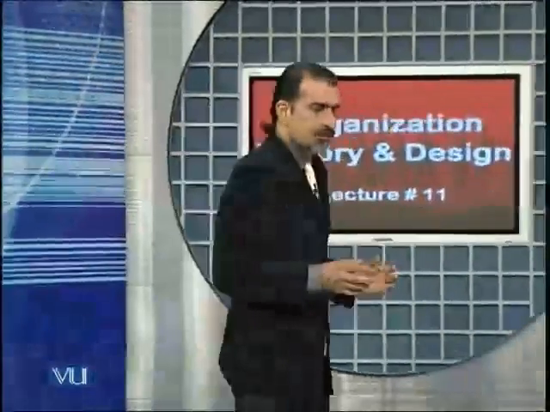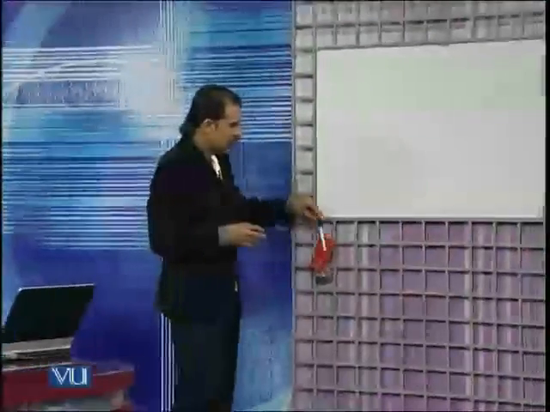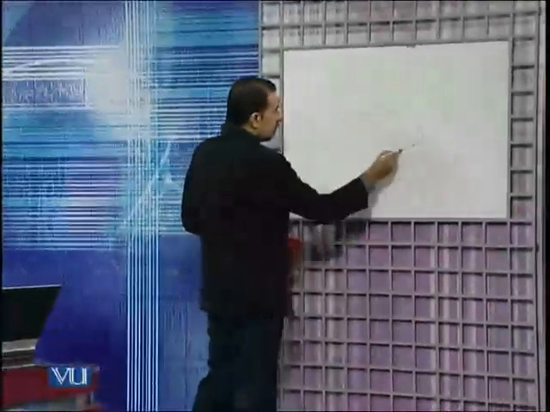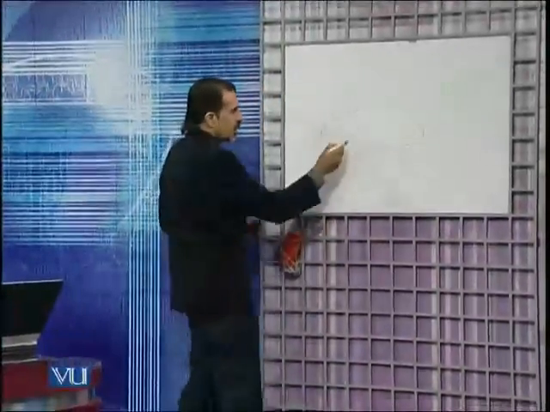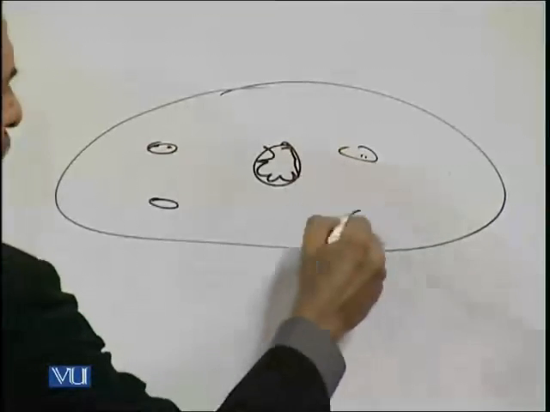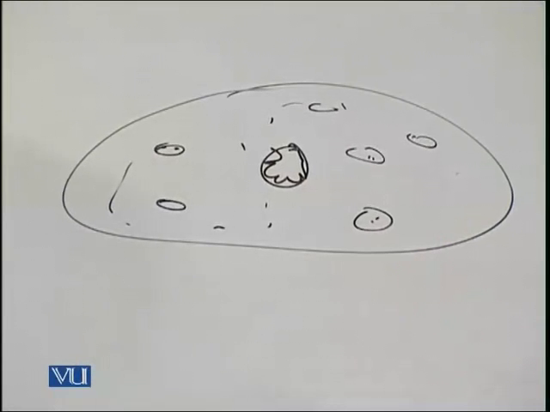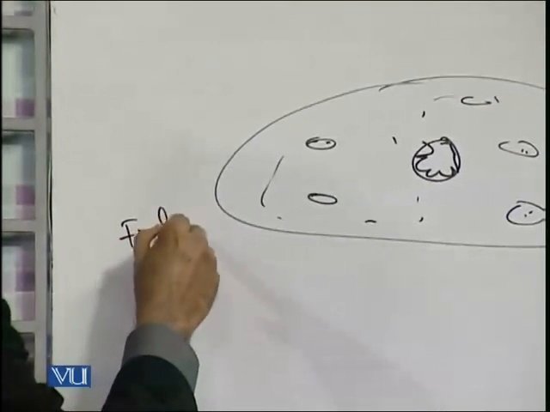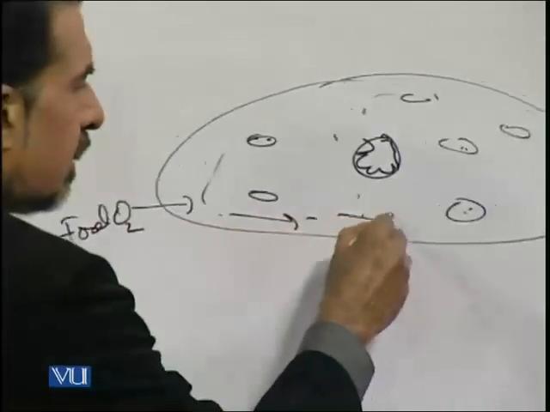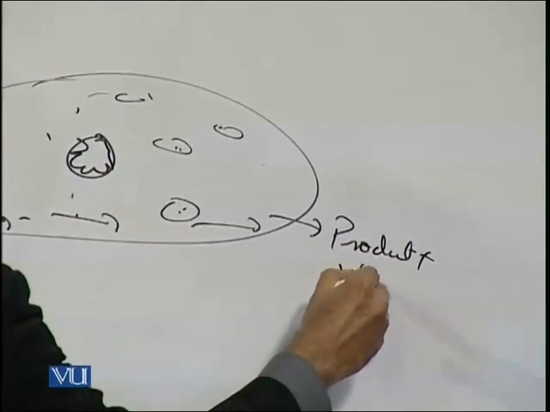And from our earlier discussions, you will recall that we defined an organization as an open system, and we also gave you the example of a cell, an animal cell, which has a nucleus, which has other systems, various apparatuses scattered around throughout the cells, which are helping convert the food and oxygen through the internal transformation into some sort of product or waste from this cell.